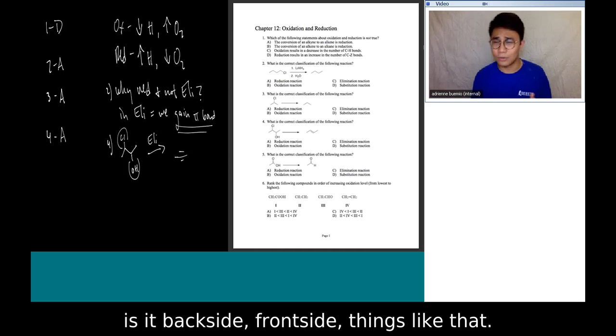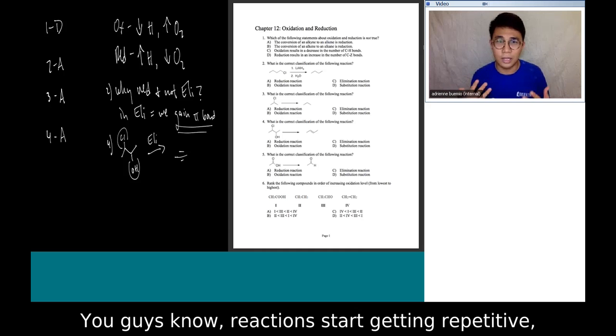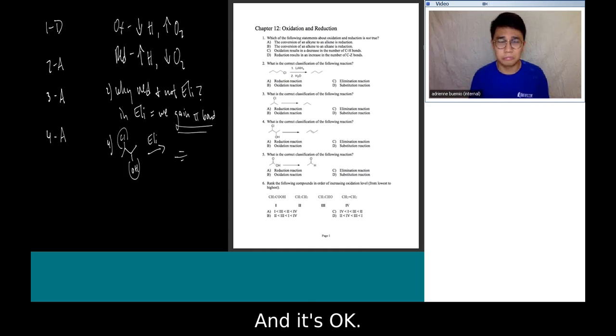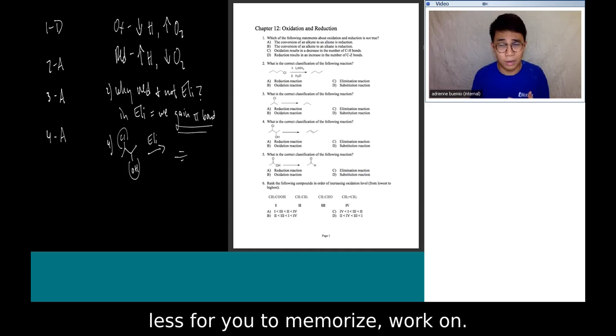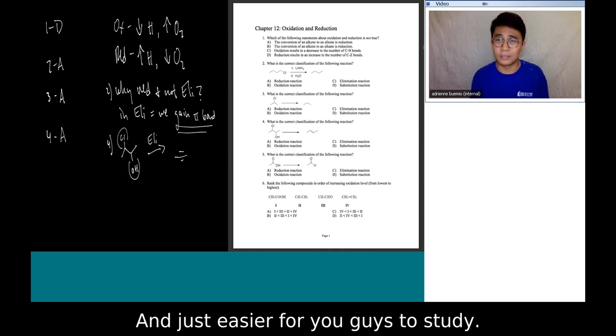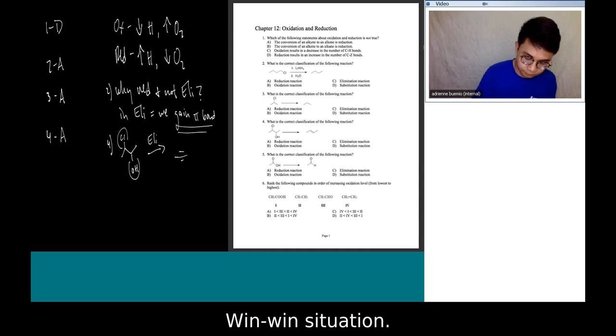Is it backside, front side, things like that? That's what you look for in these, because reactions start getting repetitive, and it's okay because that means less for you to worry about, less to memorize, and it's just easier for you guys to study. So that's good. Win-win situation, right?